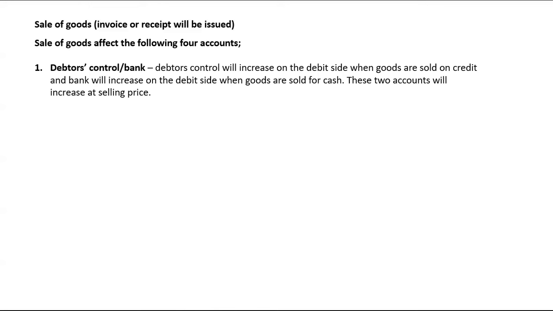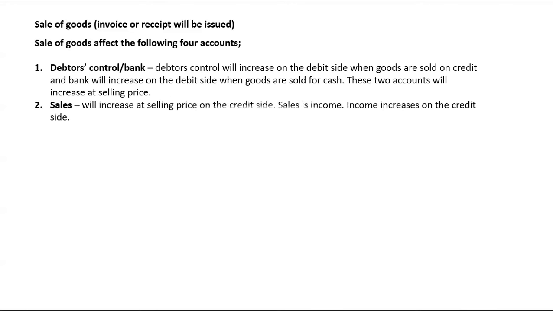The second account that will be affected will be sales. Sales is income. Income increases on the credit side. And the definition of income says that it is an increase in assets. Obviously, we have debited debtors control and bank. And increases in equity or decreases in liabilities.